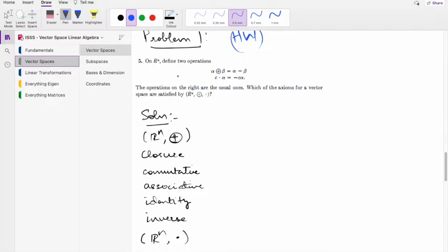So alpha and beta are basically tuples of real numbers.